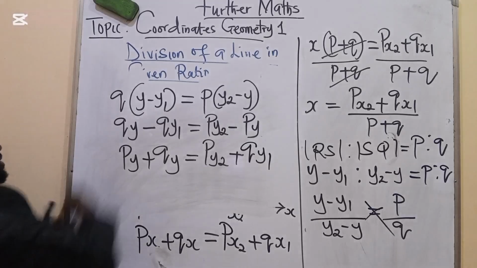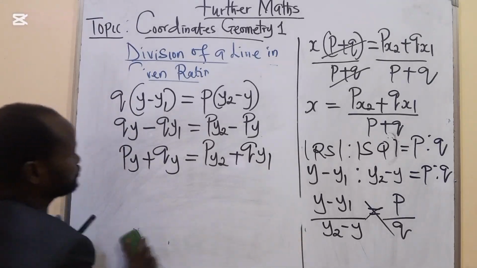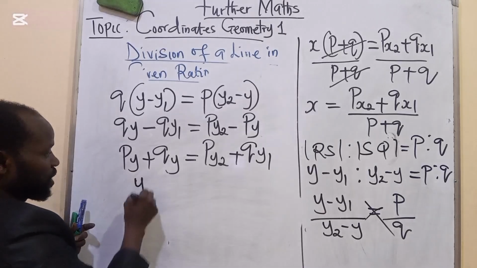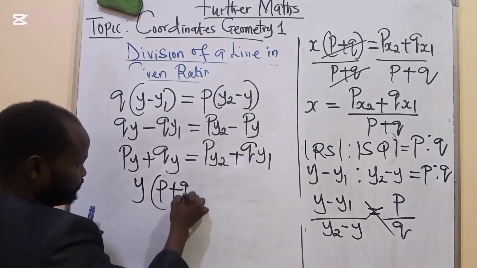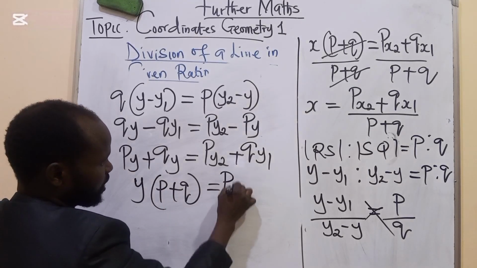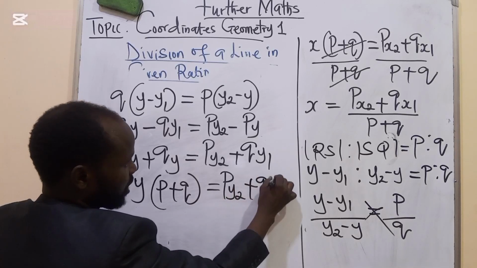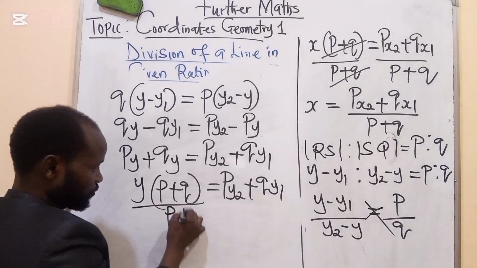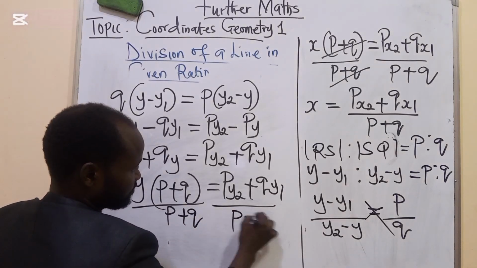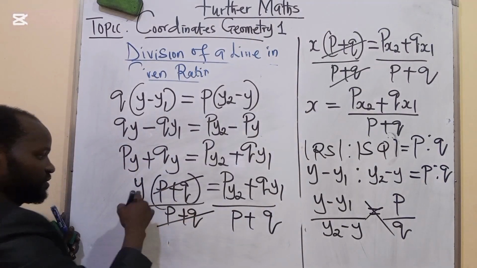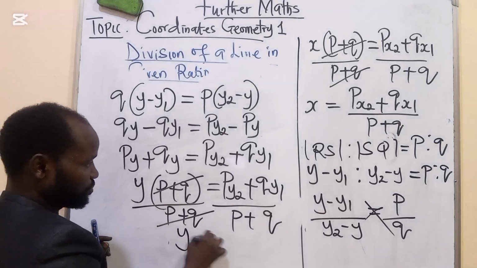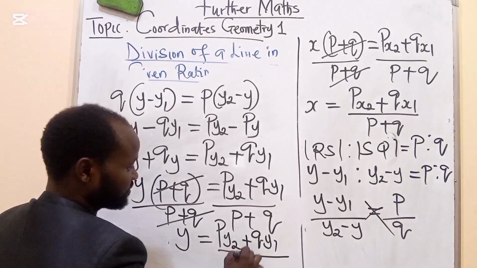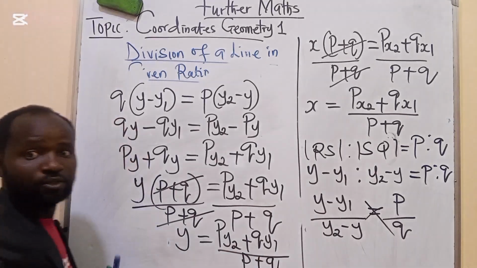qy1. Very important. Next now is for us to factor out y here. Y is common here. We factor out y into p plus q, which equals py2 plus qy1. To find y now, we divide both sides by p plus q. This will divide this, and we are left with y. Y now will be equal to py2 plus qy1 divided by p plus q.